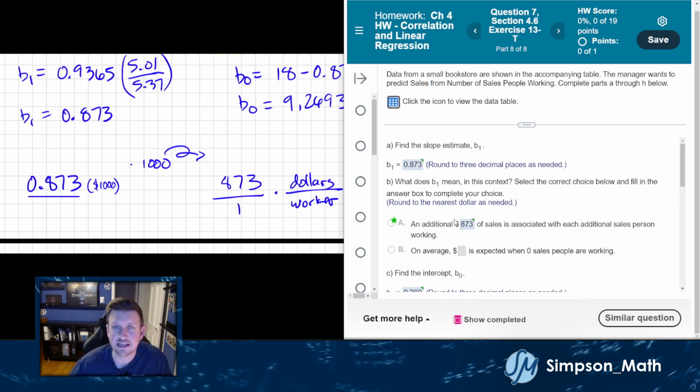Do you agree that if I take any number and I don't see the denominator, it's over 1, even if it has that decimal? So this numerator value is thousands of dollars over the number of workers.